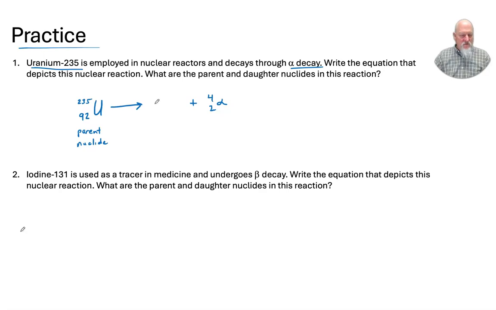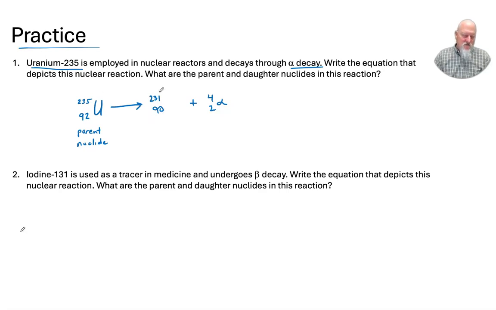So it started at 235, so the new mass number is 231. And it has to lose 2 from the atomic number. So the atomic number was 92, and it's now 90. Okay, so when I add 231 plus 4, I have to get the reactant, the parent's mass number. If I add 2 to 90, I have to get the parent's atomic number.